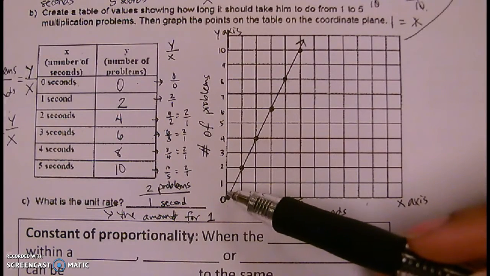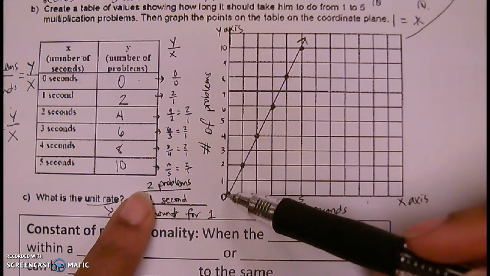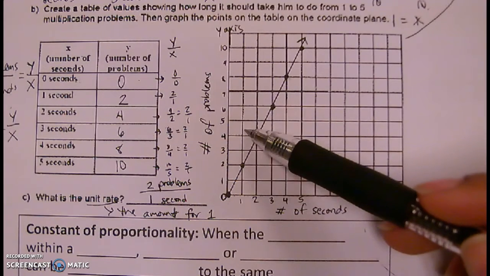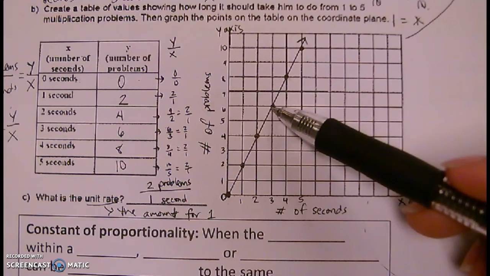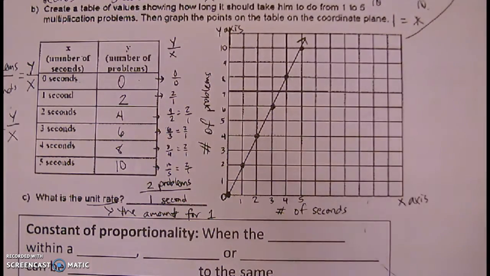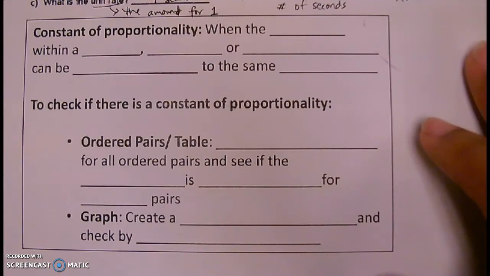For example, since this is y over x, that means we should be able to go up 2 and over 1 to get to the second point. Go up 2 and over 1 to get to the third point. Go up 2 and over 1, up 2 and over 1, up 2 and over 1. This consistency is called the constant of proportionality.